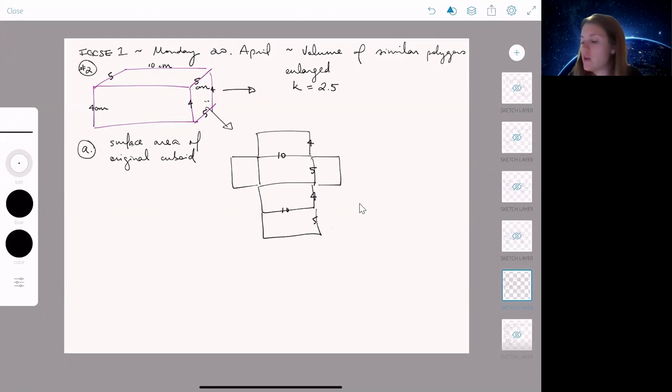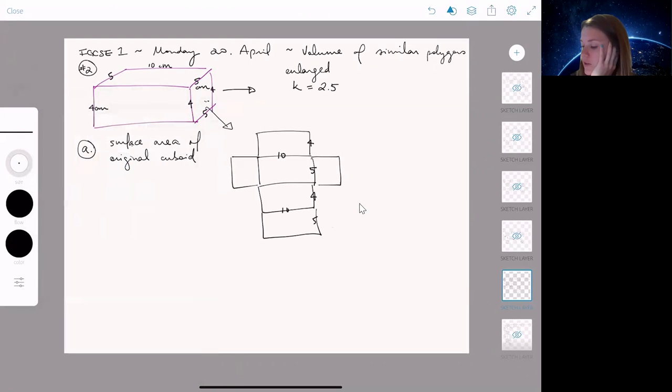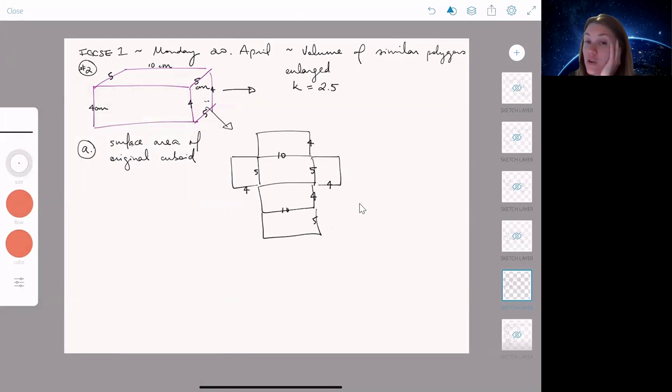Okay. So here now I know that if I'm trying to find the area, and let's see, if this folds up, then this would be 4 again. And then same vice versa. So this would be 4 and this would be 5. Okay. So when I'm looking to find the surface area, what I'm going to do is multiply the two sides together.